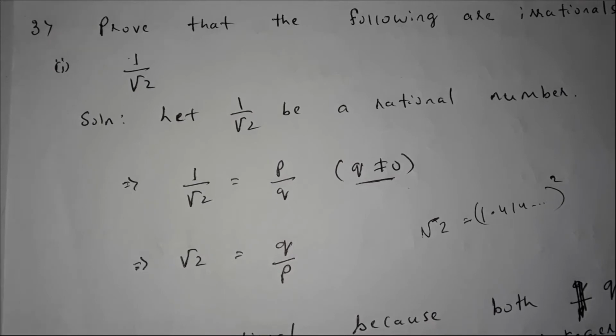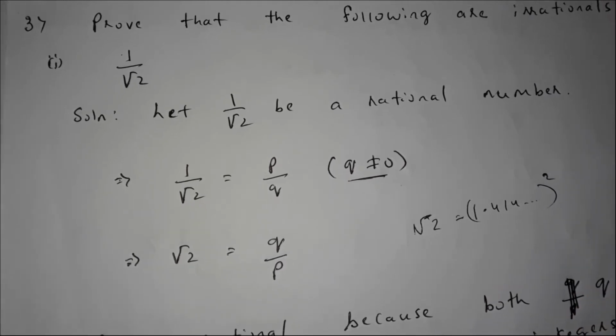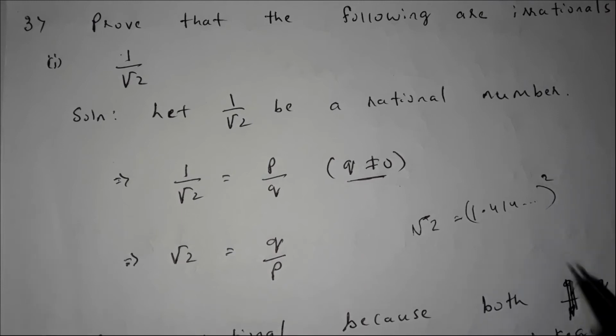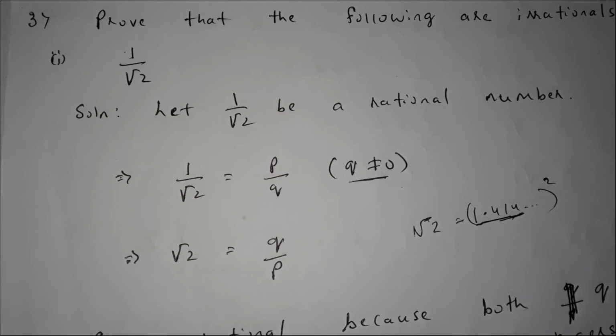Now what is root 2? What is the square of root 2? Root 2 is 1.414 something something, never ending. Root 2 is also the square of a number. This number is non-terminating, means it will never end, and it is non-repeating.